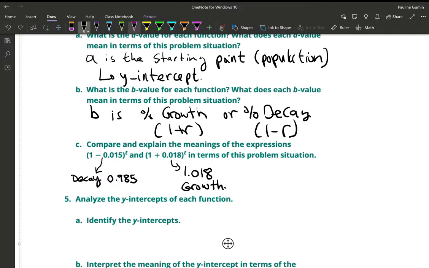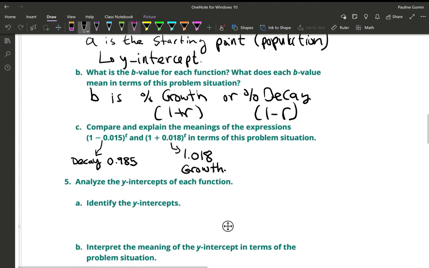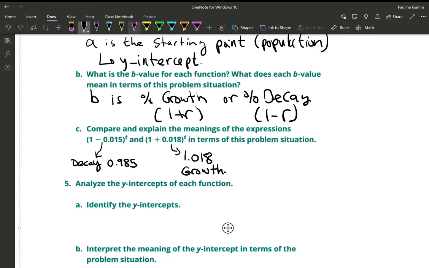We can take a look at a. And how can we know if it's increasing or decreasing? We look at the plus or minus, or we look at if it starts with 0 point, that's decay. 1 point, that would be growth. Because if you're subtracting from 1 for decay, you're going to get a 0 point something. And if you're adding for growth, you're going to get something bigger than 1.